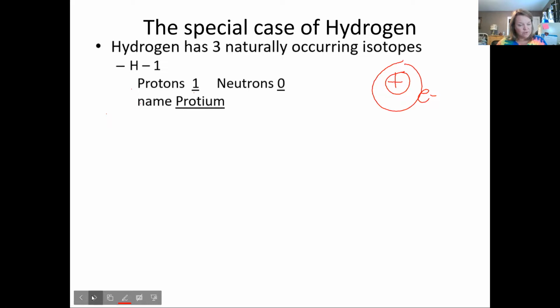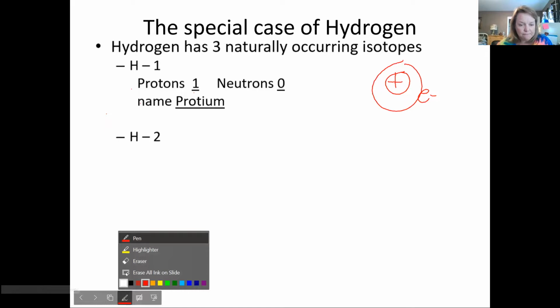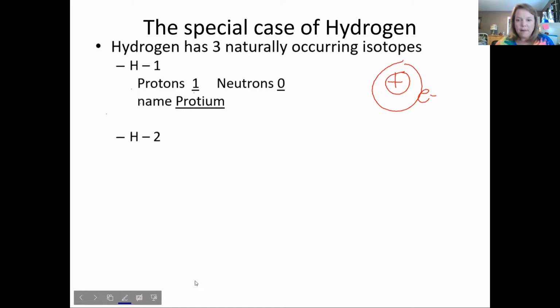Now, let's go to the other isotope, hydrogen 2. Hydrogen 2 would still have 1 proton in the nucleus, but it would also have a neutron, a proton and a neutron in the nucleus.